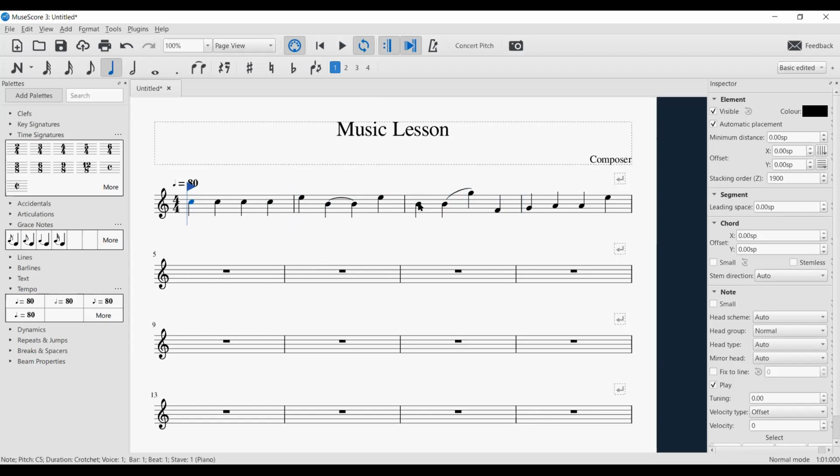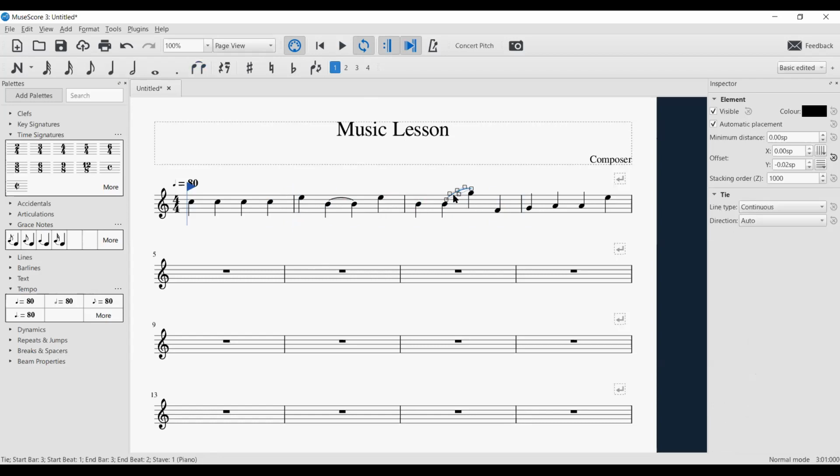I think it's added a slur here. I'm trying to figure out how we can get this slur. Just a minute, let me find out something. We can quickly check how to do it. Okay, I think we might get something soon.